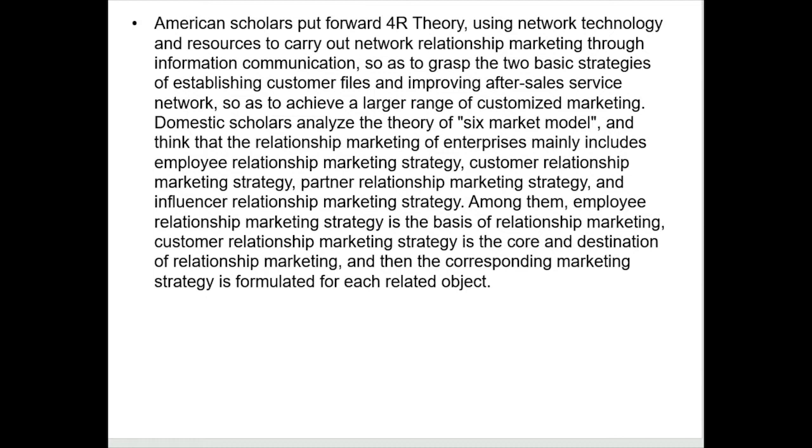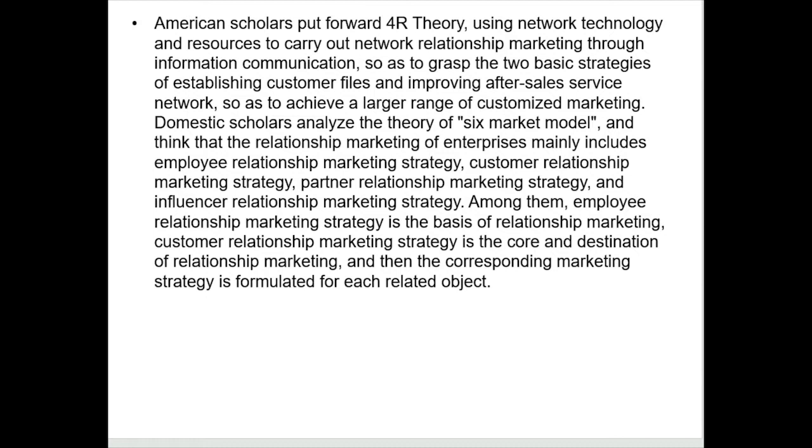Domestic scholars analyze the series of 6 marketing models and think that the relationship marketing of enterprises mainly includes employee relationship marketing strategy, customer relationship marketing strategy, partner relationship marketing strategy, and influencer relationship marketing strategy.